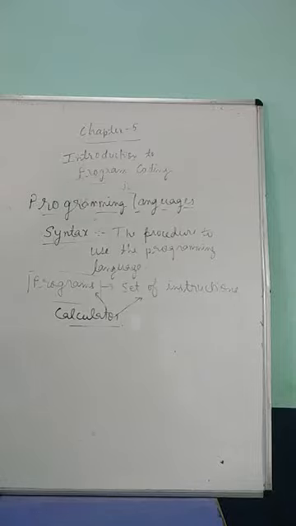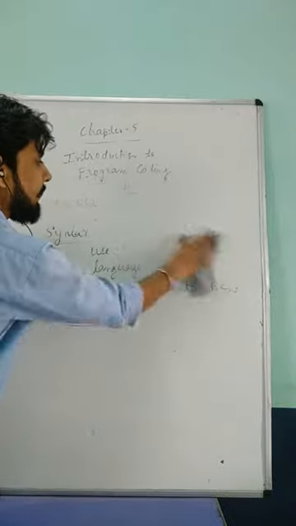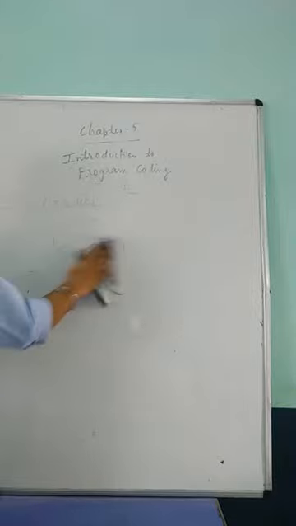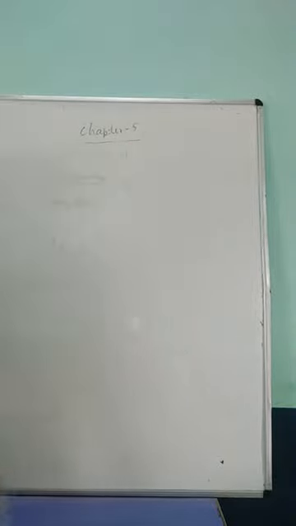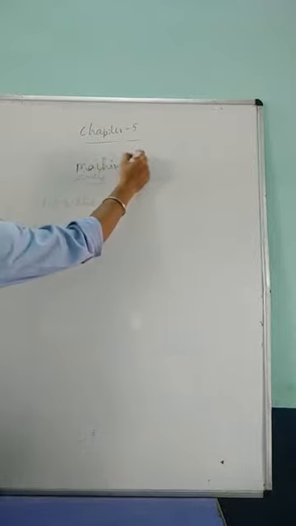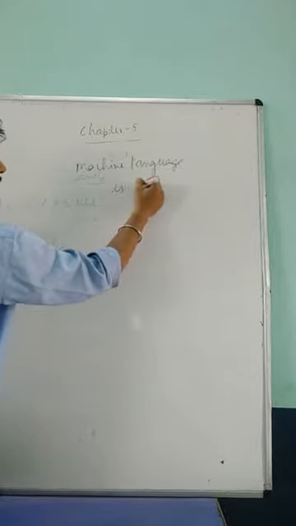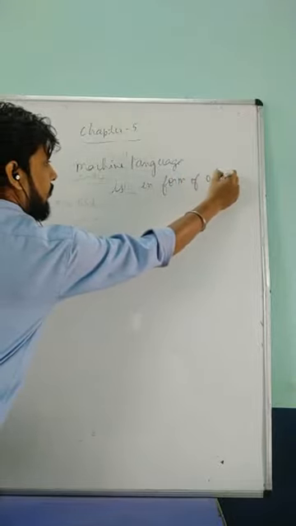And now, a programming language is a user-friendly language. That is, it is not a machine language. Now, what is the difference between machine language and programming language? Machine language is written in the form of 0 and 1.